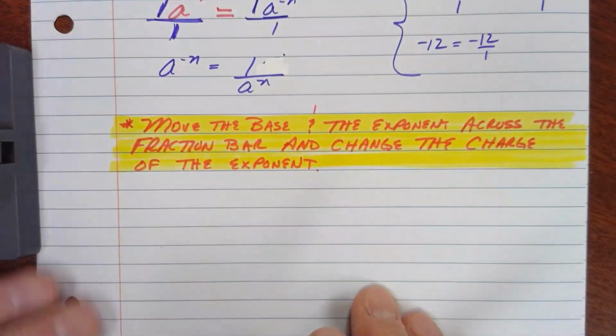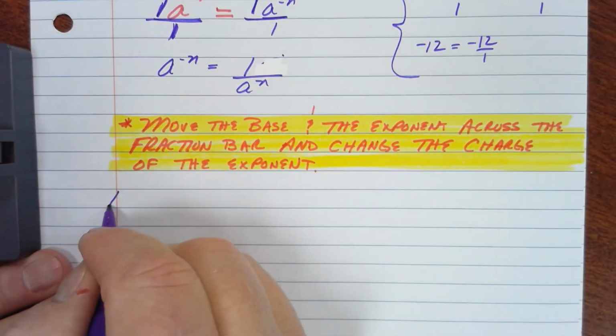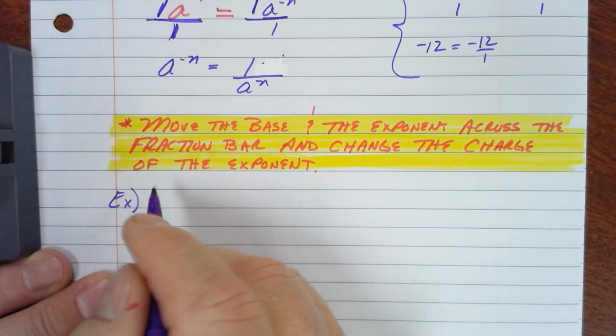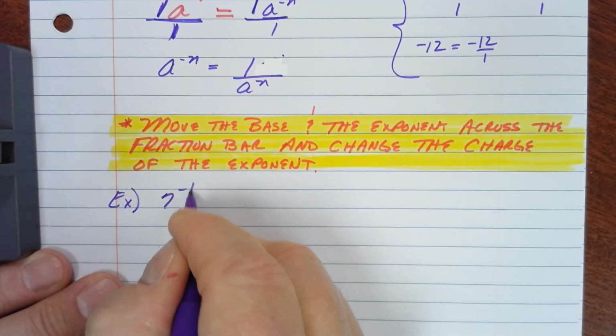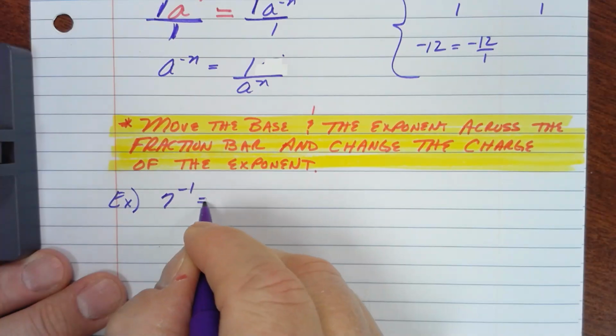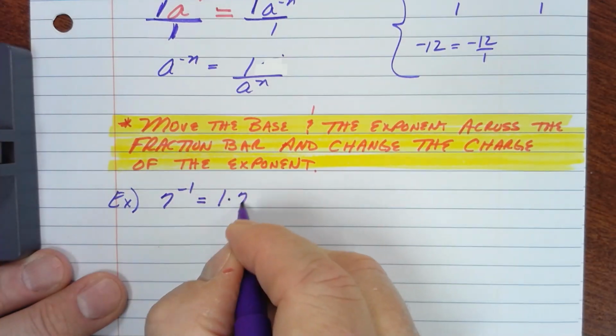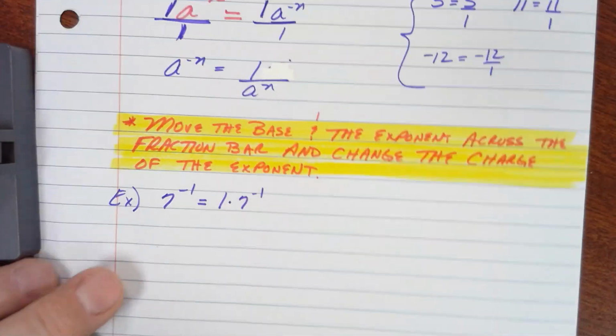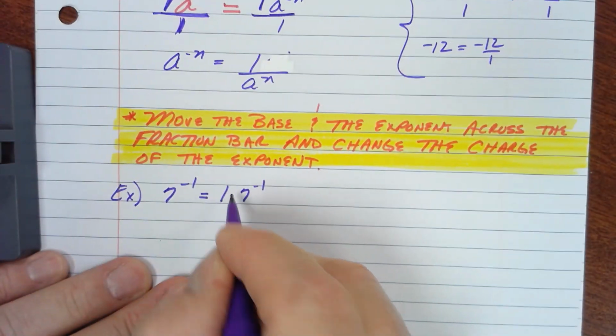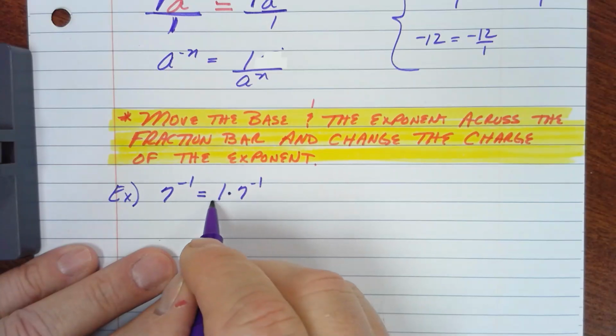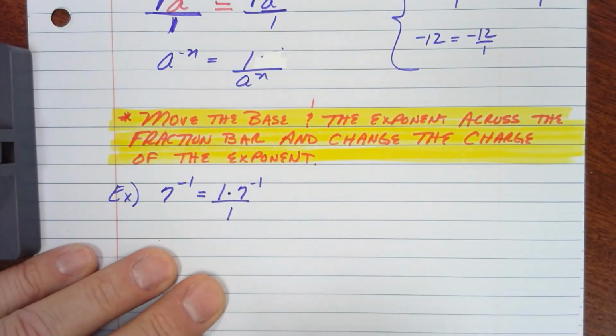So, some examples of what's going on now. 7 to the negative 1 is equal to 1 times 7 to the negative 1. Does everybody agree with that? Anything times 1 is that thing. And of course it has a denominator.